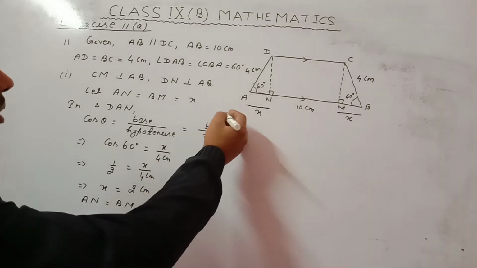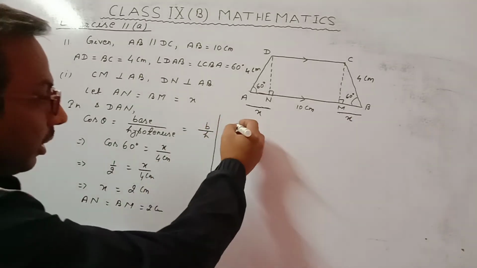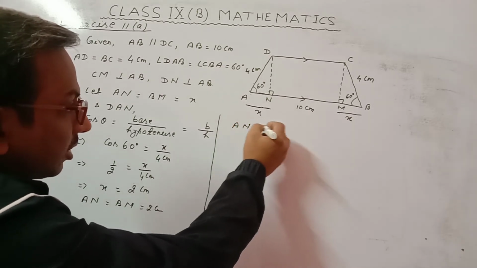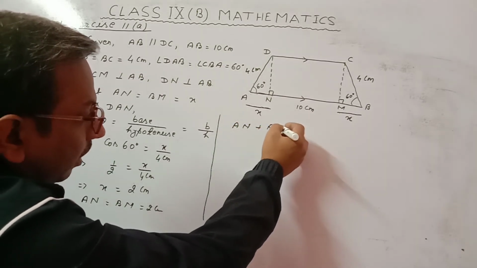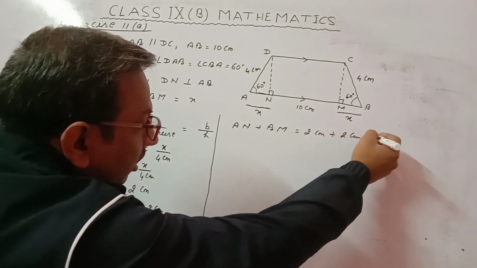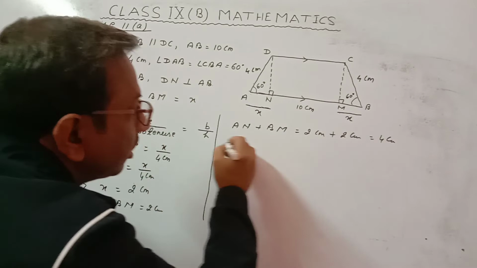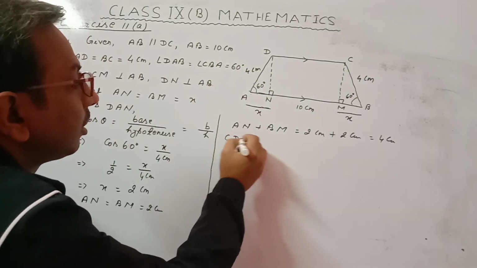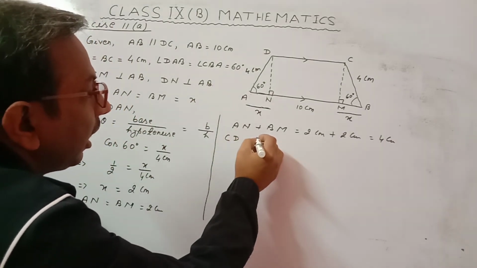Now AN plus BM equal to 2 centimeter plus 2 centimeter, that is equal to 4 centimeter. So CD is equal to MN.